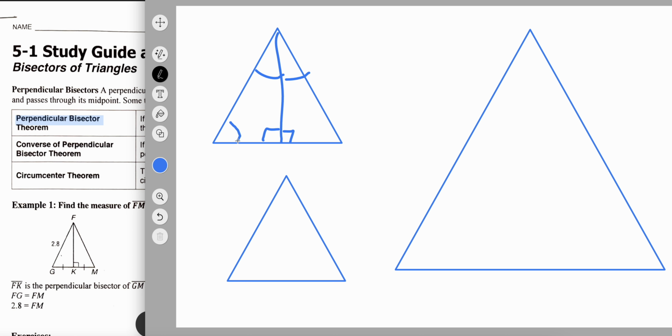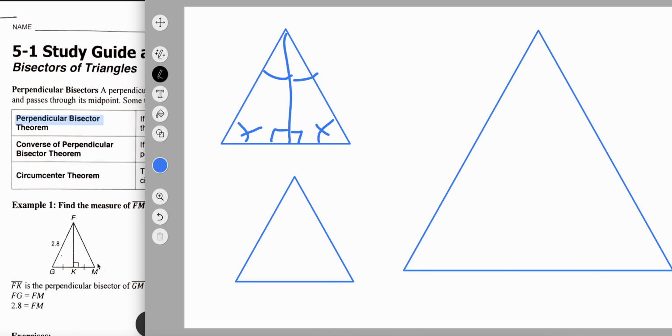So this angle here is 180 minus 90 minus this angle, right? That's what the corner is. And since these two angles are congruent in the two triangles, this angle is also the same. It's 180 minus 90 minus this angle at the top. So the two base angles of the triangle are congruent.